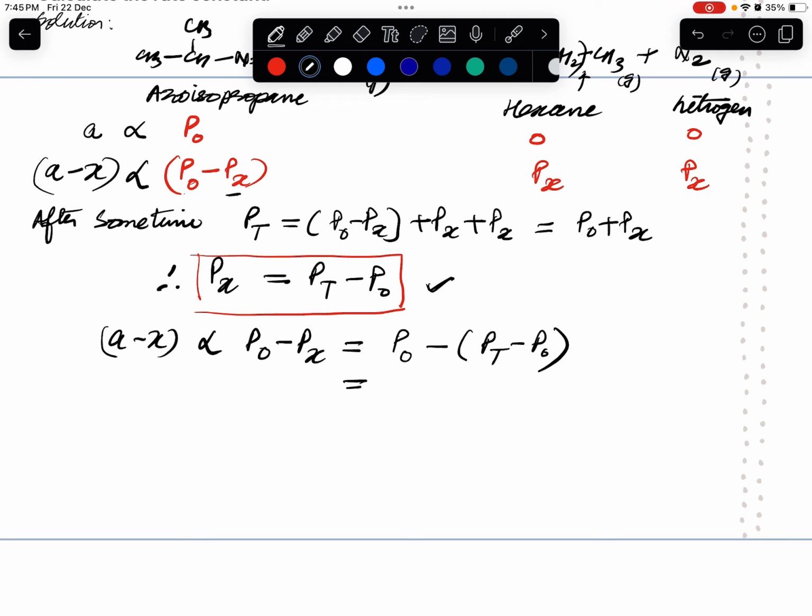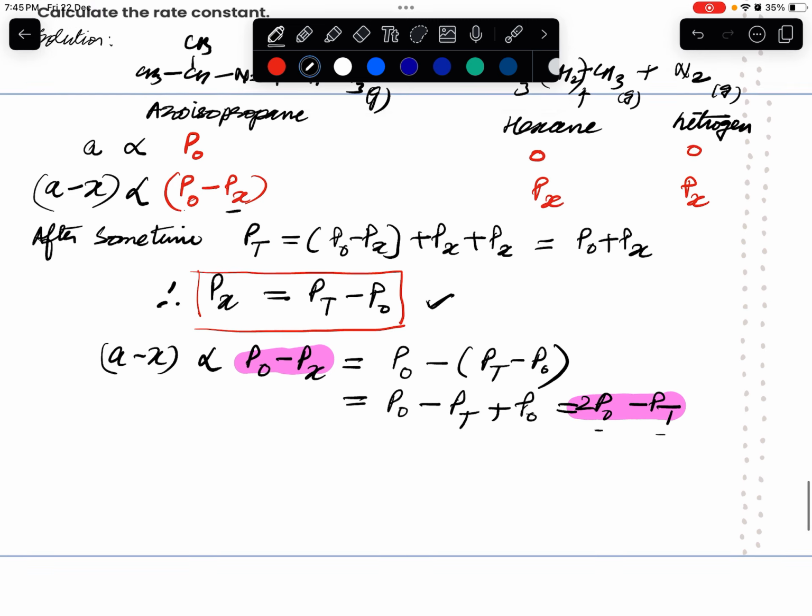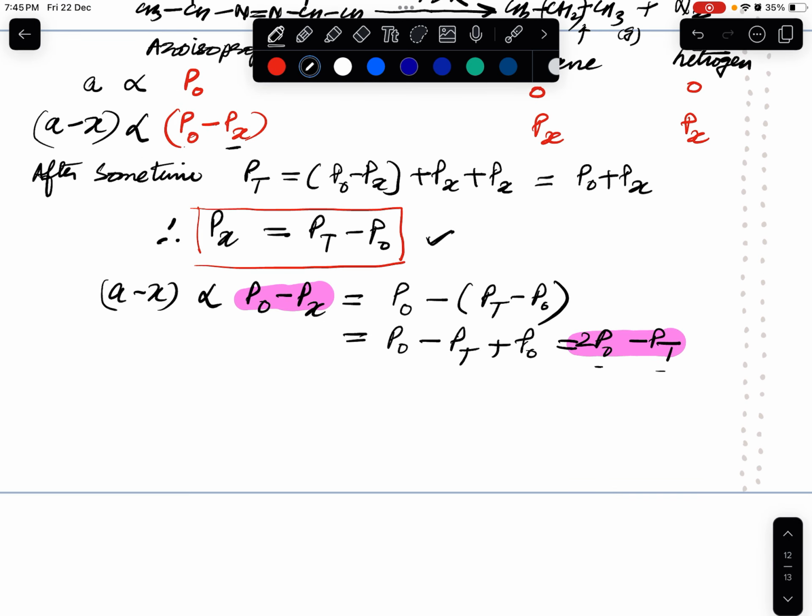So we will be getting P naught minus P total plus P naught, which is equal to 2P naught minus P total. This is the value which we are going to use, that is P naught minus Px is equal to 2P naught minus P total. And why have we done this conversion? Because we know what is P naught, we know what is P total from the table. Therefore we can find out A minus X easily in any case if we know the initial pressure and the final total pressure.